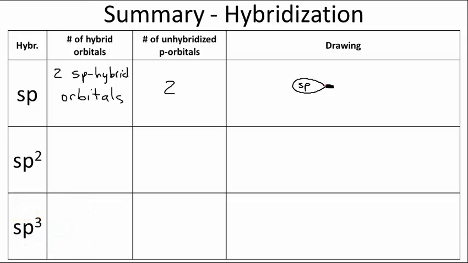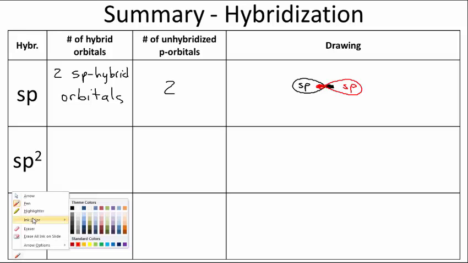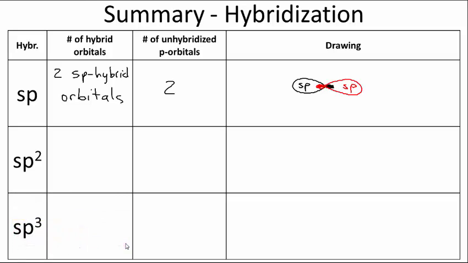The other sp hybrid orbital is going to point in the opposite direction. And then there would be two unhybridized p orbitals left over. One of them is going to go straight up and down, like this. I'm going to call this py.